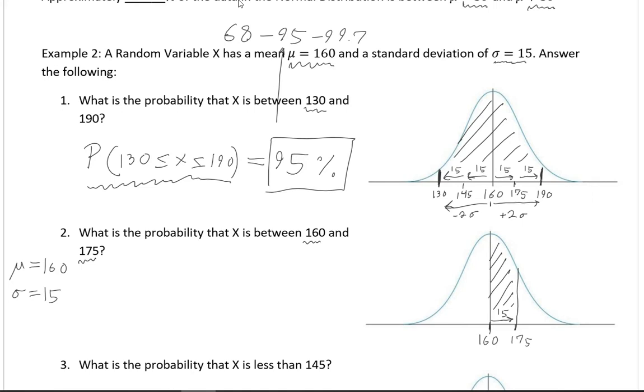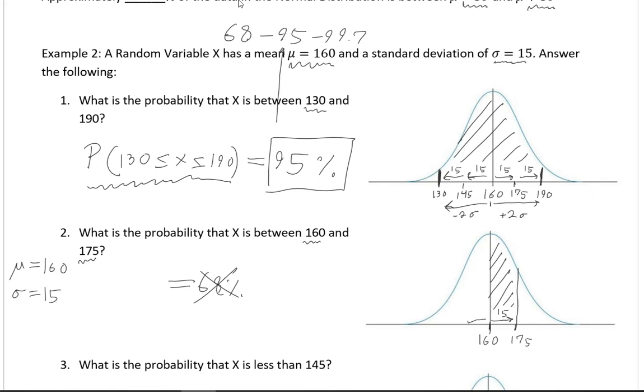All right. Now, some may look at that and say, all right, well, 175 is 1 standard deviation away, so the answer is just going to be 68%. However, that is incorrect. The reason is because 68% represents 1 standard deviation in both directions.